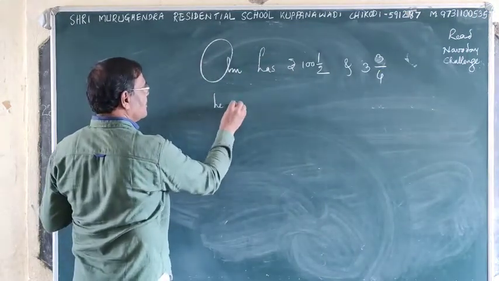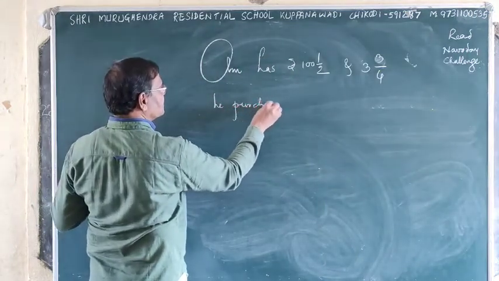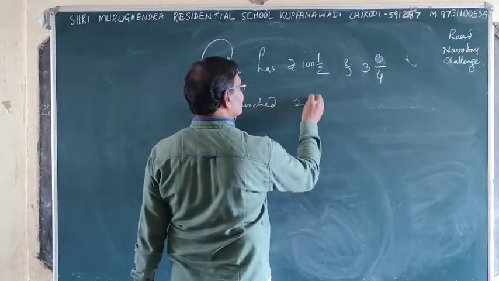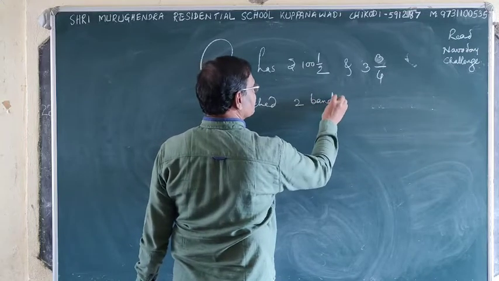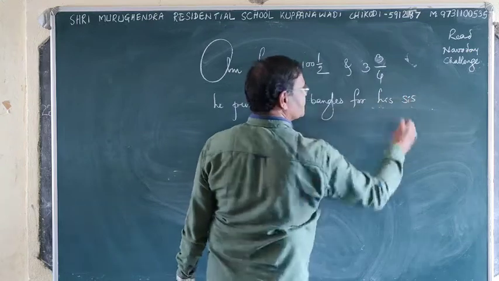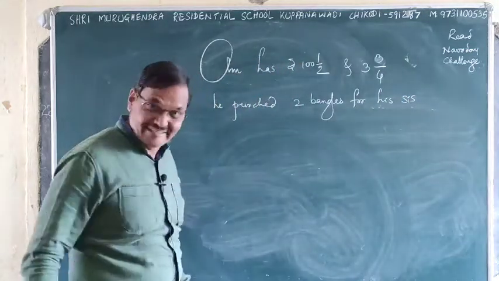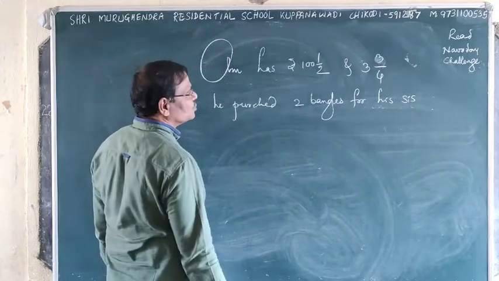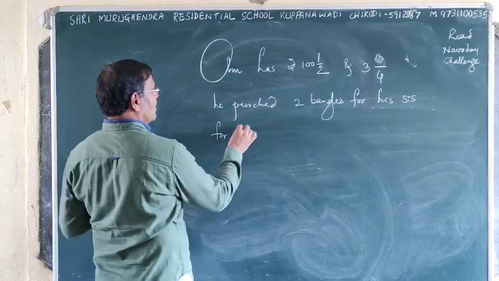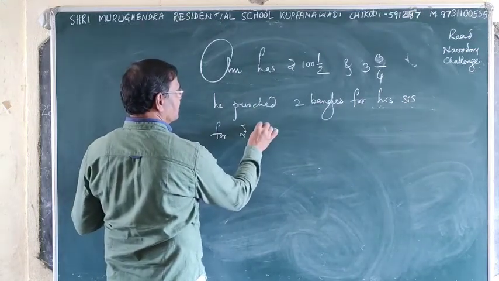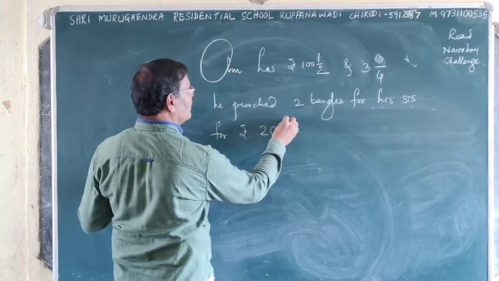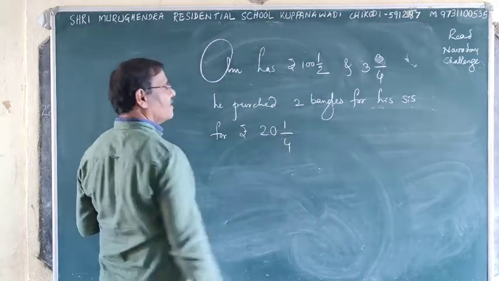He purchased 2 bangles for his sister, sis is the short form of sister, for Rs 20 whole 1/4. Then find how much money he has now.